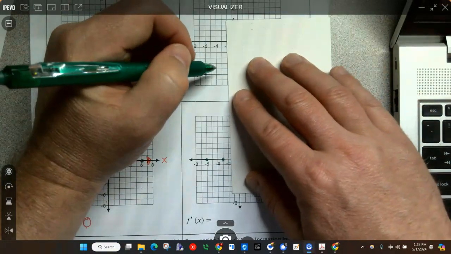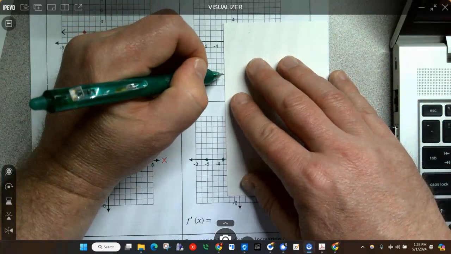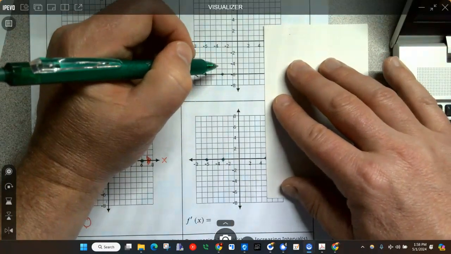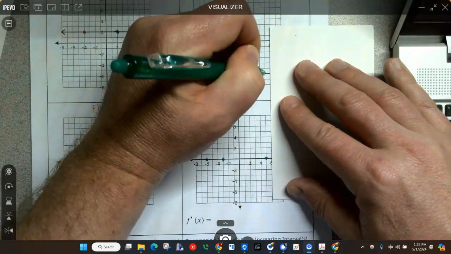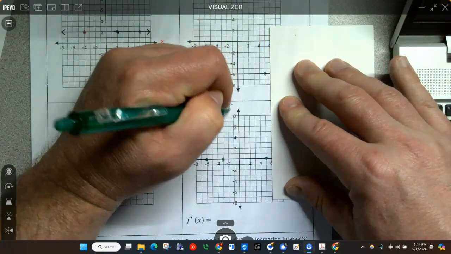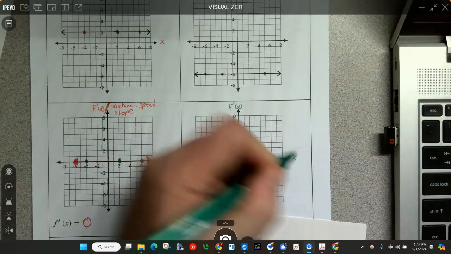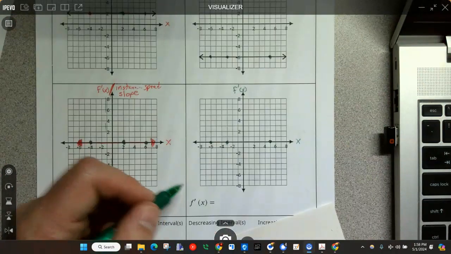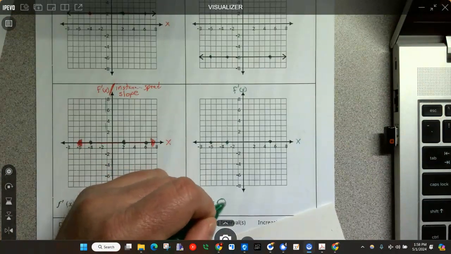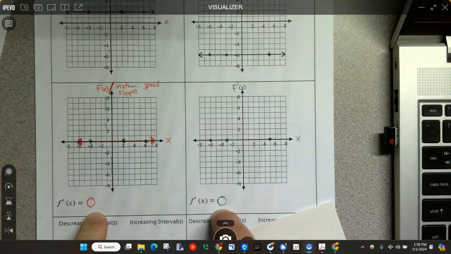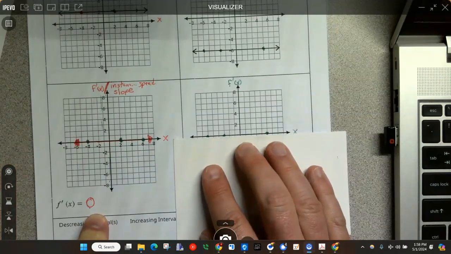So I just picked 3 different points, asked myself, what's the slope at those 3 different points? And that became the, quote, y value, or vertical value here. So once again, you see the derivative is 0. Right? Samesies. So these have the same exact derivative graph.